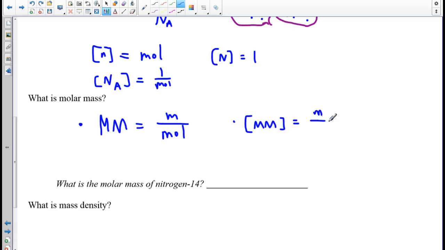Molar mass is mass over number of moles. So moles is actually the unit itself. Mass is going to be in grams more often than not. So grams is what we'll use for mass. Grams per mole. That's the unit for molar mass.